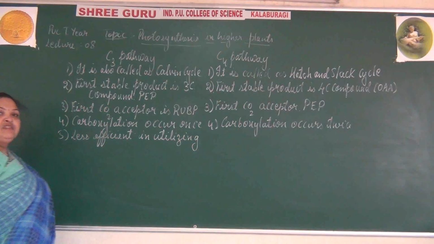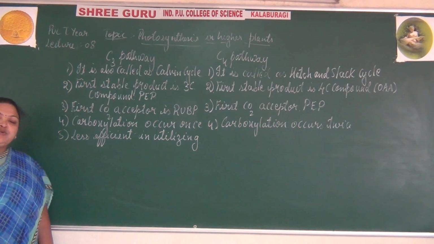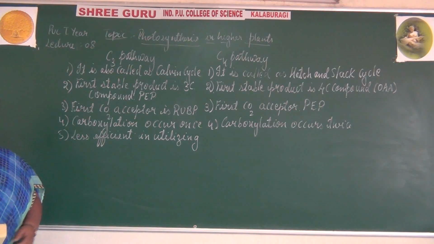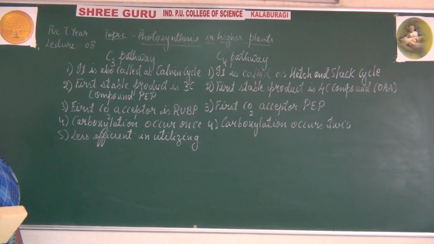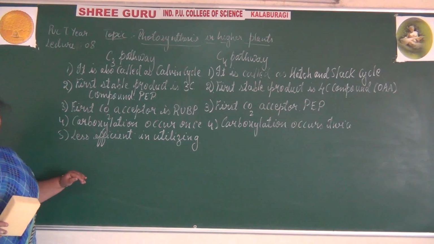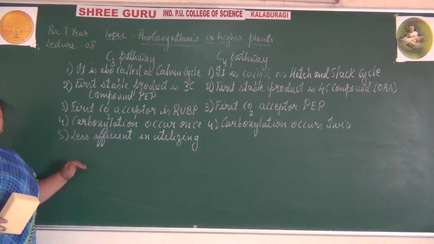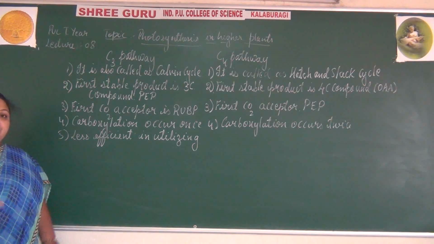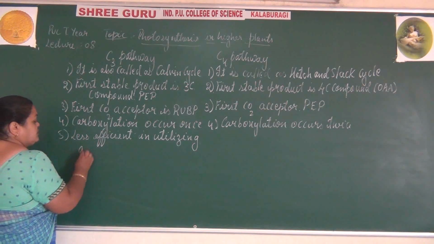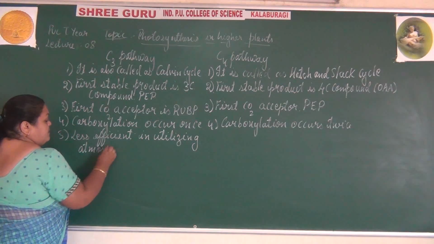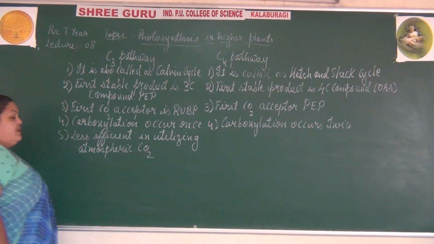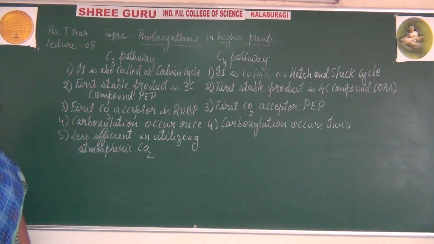We know that carbon dioxide is present in the atmosphere as one of the raw materials, at 0.03% to 0.04%, but C3 plants are less efficient in utilizing the atmospheric carbon dioxide. They are not up to the mark.